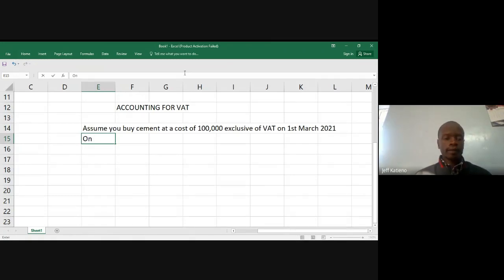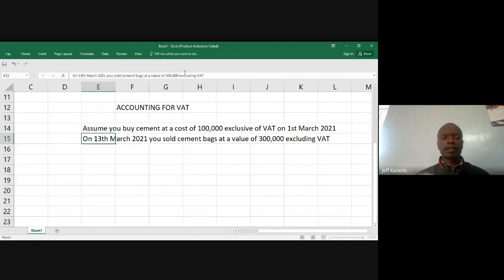And on 13th March 2021 you sold cement bags at a value of 300,000 excluding VAT.